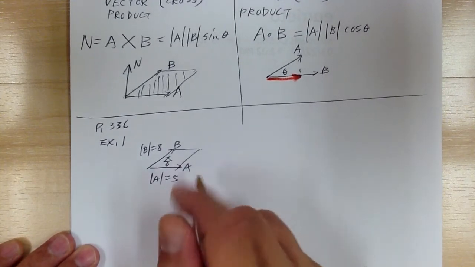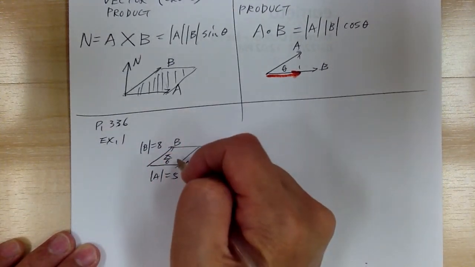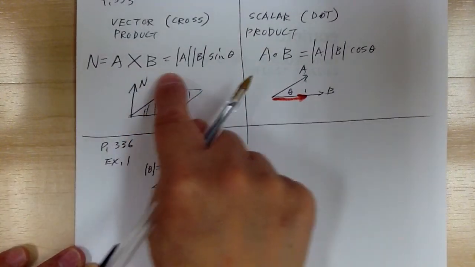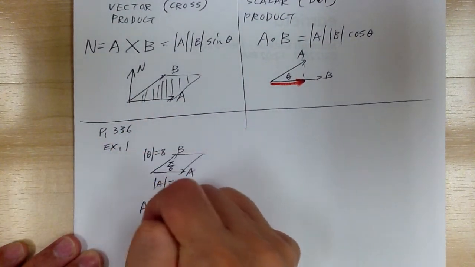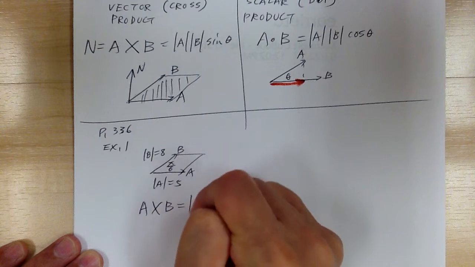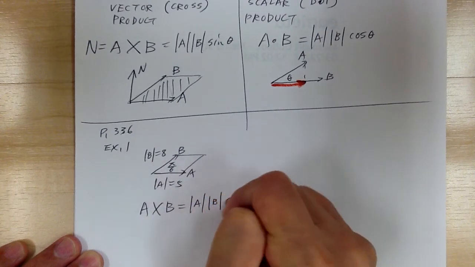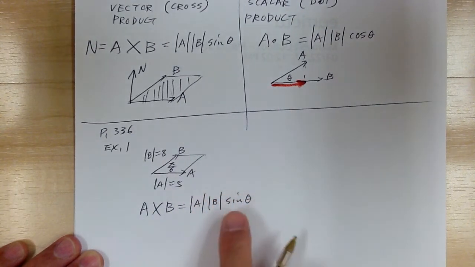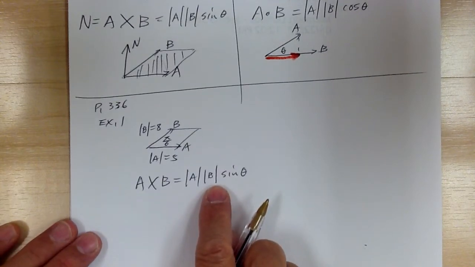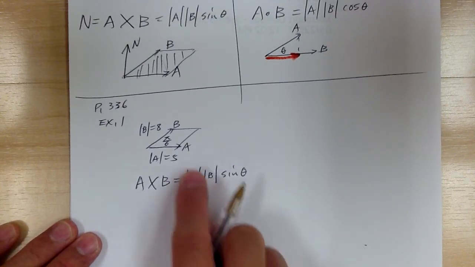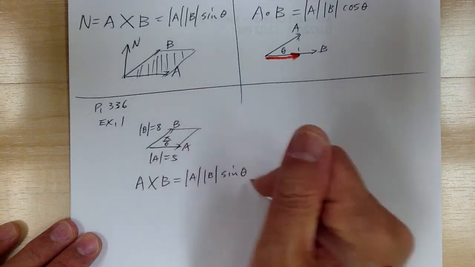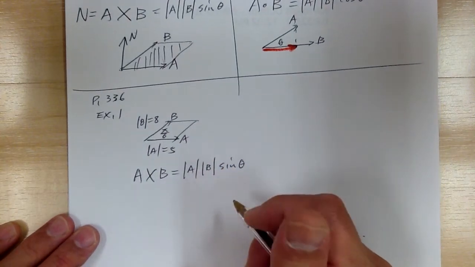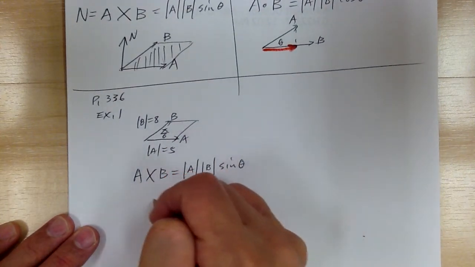So the area, when you're doing a cross product, A cross B is equal to A B sine theta. Again, we learned this earlier in algebra 2 and in trigonometry. When two sides of a triangle are given, you can find that area, right?